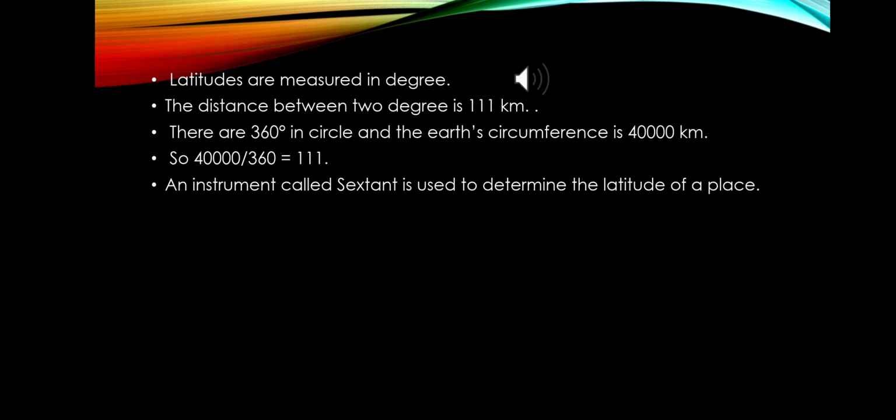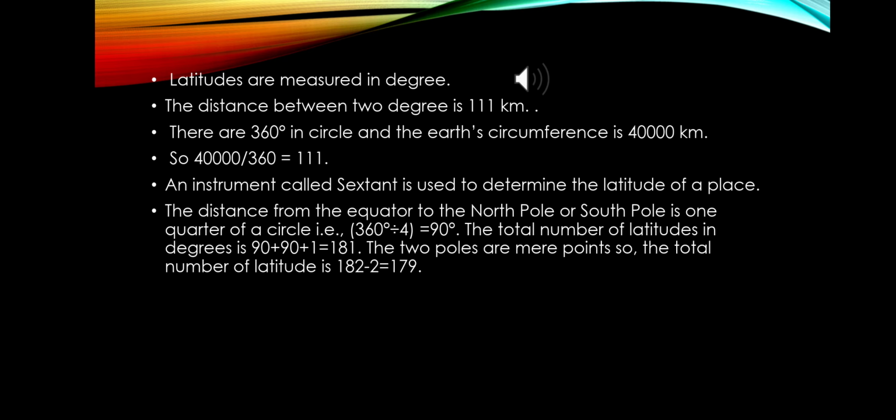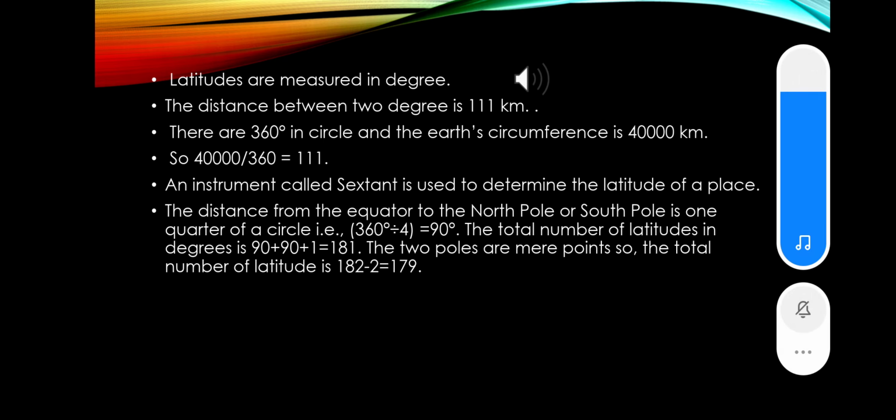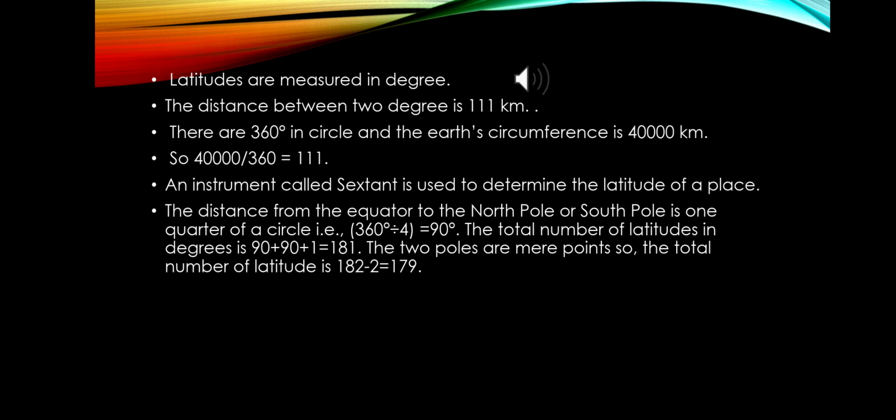An instrument called a sextant is used to measure the latitude of a place, and the distance from the equator to the North Pole or South Pole is 1/4 of a circle. That means 360 divided by 4 equals 90 degree. So from the equator to the North Pole, there are 90 latitudes at 1 degree interval. Therefore the total number of latitudes is 90 degree north plus 90 degree south plus 1 degree equator.